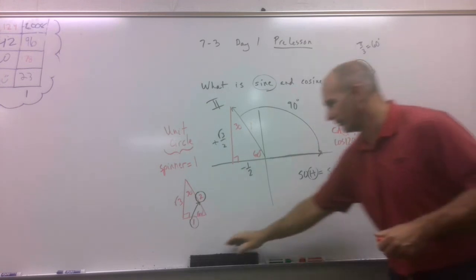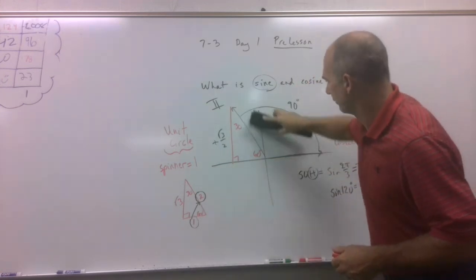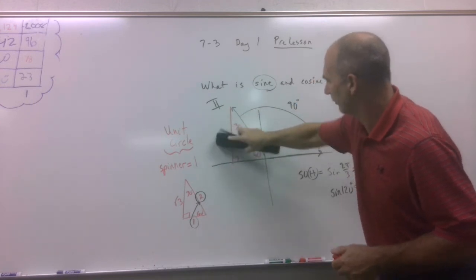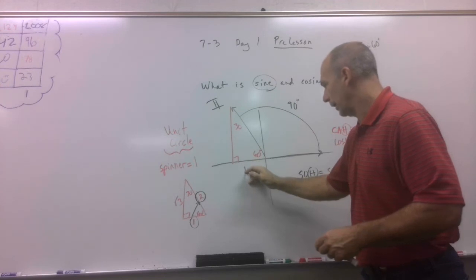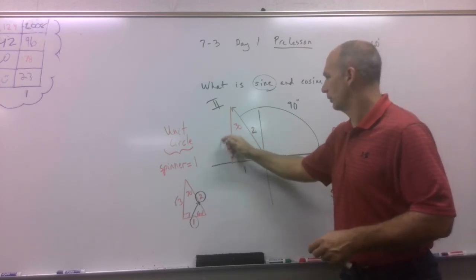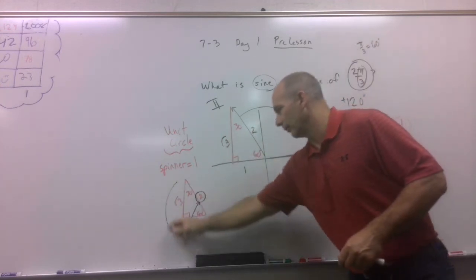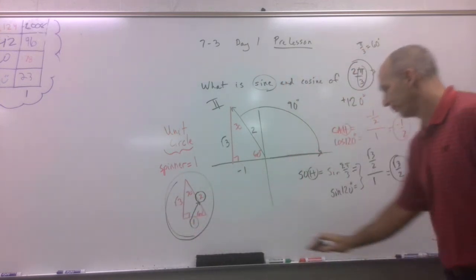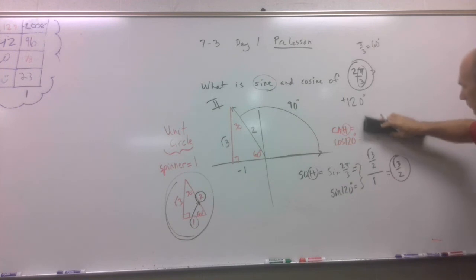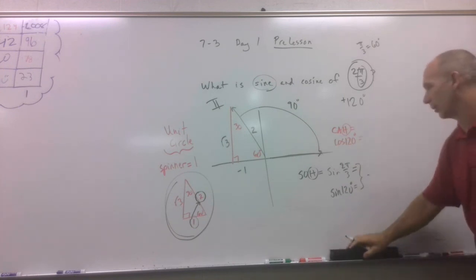Now I want to show you guys something. What if we stuck with these other units? This would be 1, 2, square root of 3, following our typical 30, 60, 90 rules. This is minus. So now watch this. Let's start with sine.